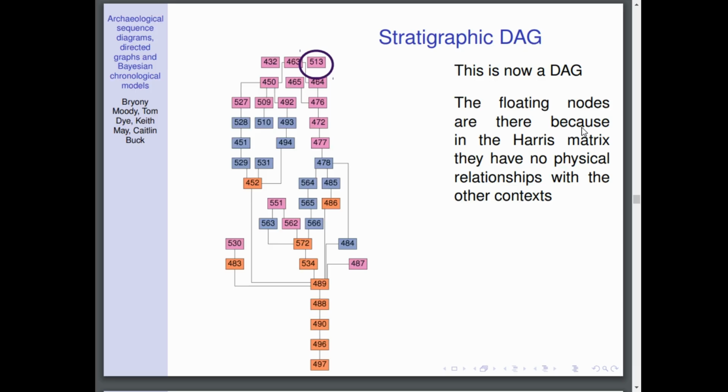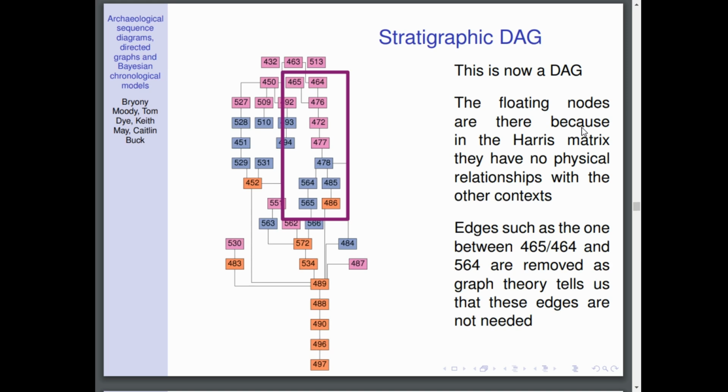But it actually had no physical relationships with any of the other contexts. And as adding a once whole relationship created a cycle, we've excluded that. As well as this, it's removed some edges. So you can see here that 465 and 464 only have edges going to 476.